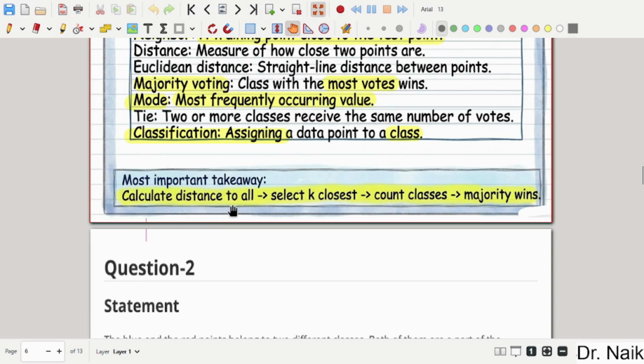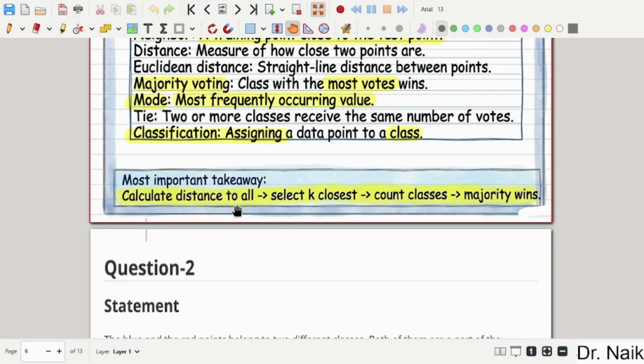So the most important takeaway is calculate the distance to all, means calculate the distance between the test point and all the training points given to us, and select the k closest. K closest means select the k number of nearest training points and count the class of each nearest neighbor point, and majority wins means the most common class among these nearest neighbors will win.